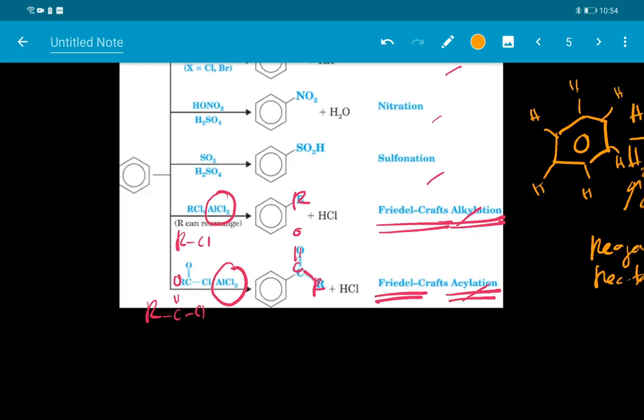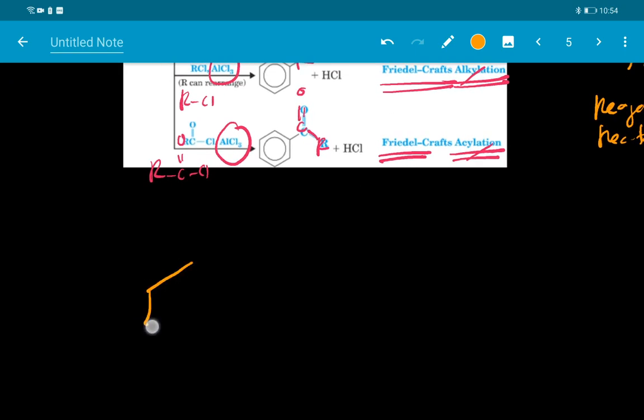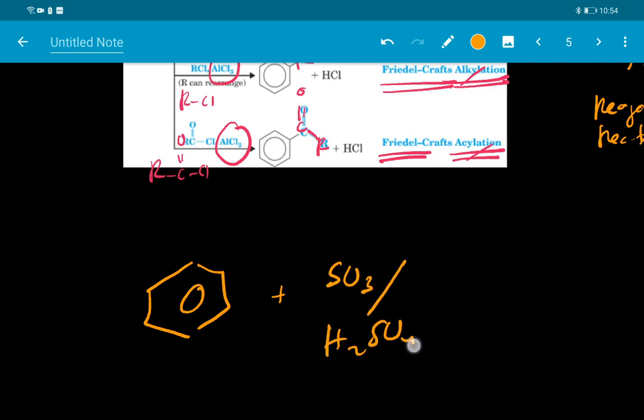For example, for benzene sulfonic acid, you need to memorize SO3 and also H2SO4. So again, the idea is if you have benzene, then we react it with SO3 together with a catalyst of sulfuric acid.